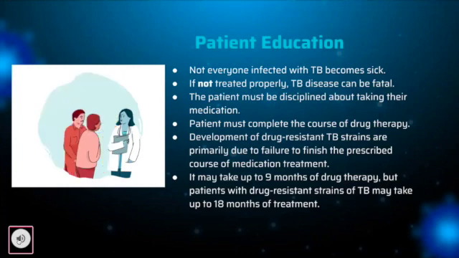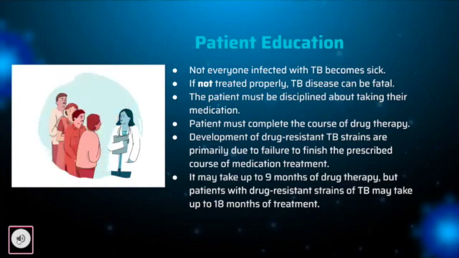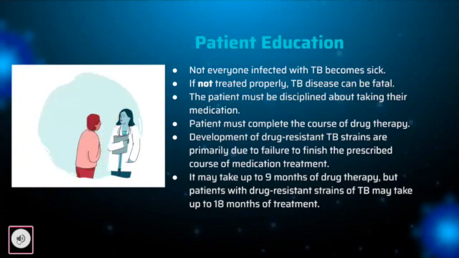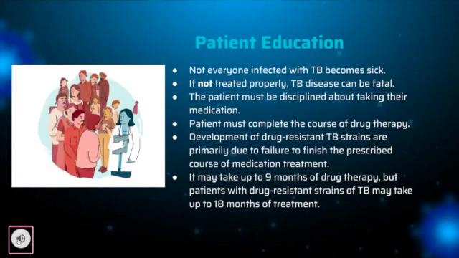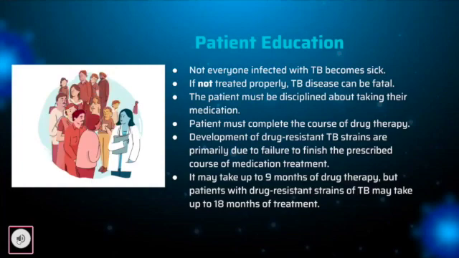We will need to make sure that the patient will complete the course of drug therapy, because one of the main reasons for the development of drug-resistant TB strains is the failure of patients to actually finish and complete the prescribed course of medication treatment. It can take up to 9 months of drug therapy. For patients with the drug-resistant strains of TB, it may take up to 18 months of treatment.